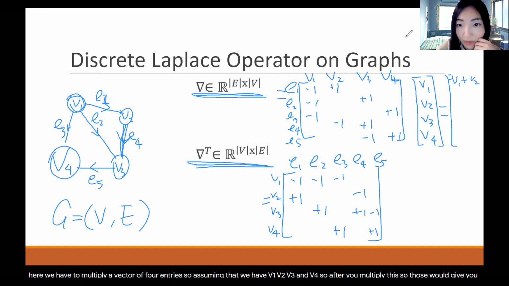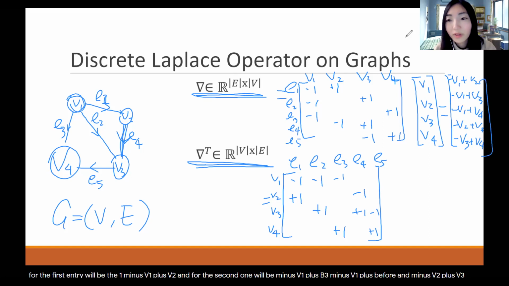And the second one will be minus v1 plus v3, minus v1 plus v4, and minus v2 plus v3, minus v3 plus v4.